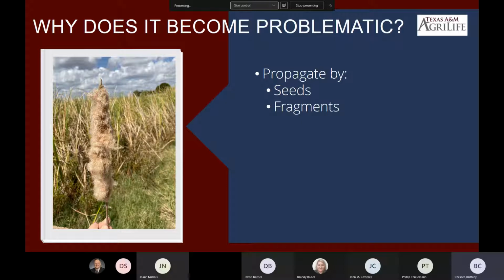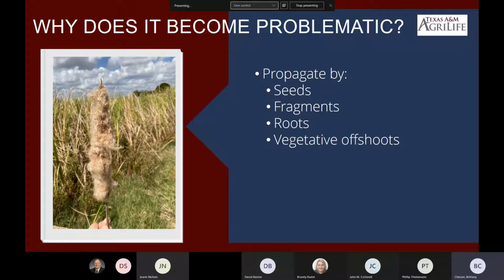You have fragments, which is a very big way of aquatic vegetation reproducing, especially our submerged vegetation, which impacts the type of management that you would be choosing. We'll cover that a little bit later on. Of course, they can reproduce by their root systems and also their vegetative offshoots. So usually even for a single species, they have multiple ways that they can reproduce and propagate.